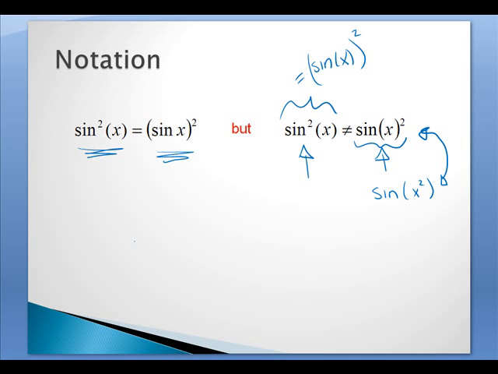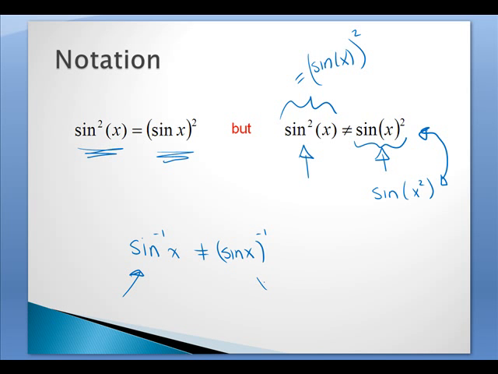Now another function that students tend to have a lot of confusion with is sine inverse, or arc sine x. Sine inverse x can be written as sine to the negative 1 of x, which does not equal sine x all to the negative 1. Those are very different. So the one on the left, again, is the arc sine function, or the inverse sine function.